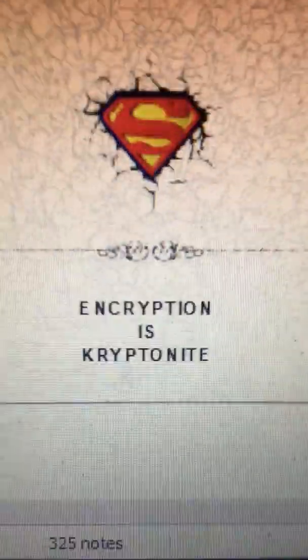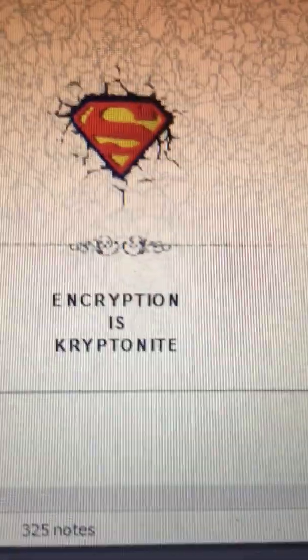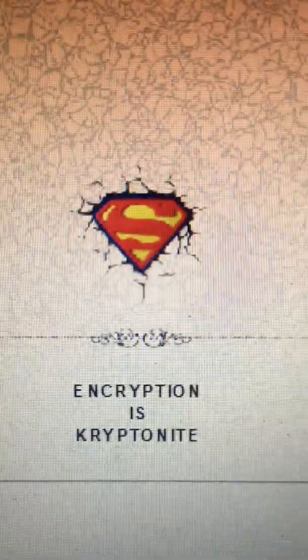So what am I doing? So I used that. Encryption is kryptonite. What is that crap? What's the Superman symbol? The guy thinks he's Superman or something? What's going on? Look at that, 325 notes. Too bad it didn't have 322 notes, or 666, just to creep people out, freak them out. Not that those things mean anything, or maybe they're improperly interpreted.